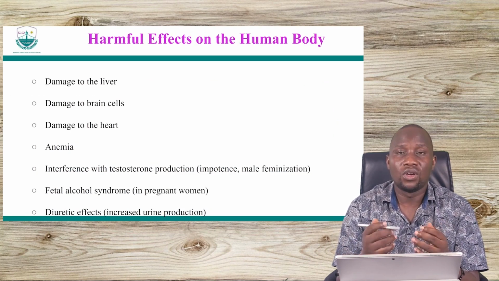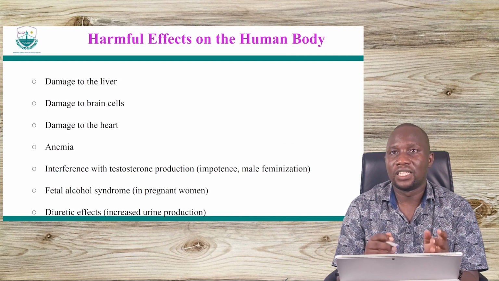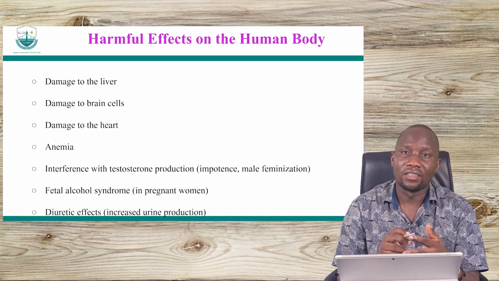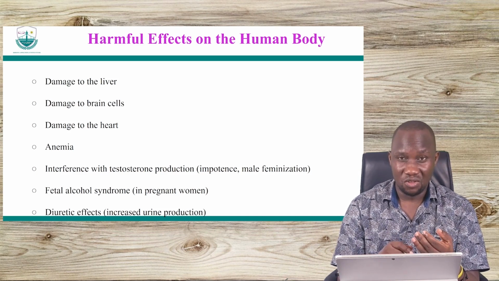On your health, alcohol basically affects almost each and every organ. The liver, the brain, the heart, even your blood cells. You can easily get anemia. Your testosterone levels go down, and that reduces libido.